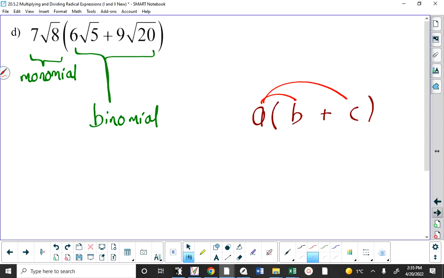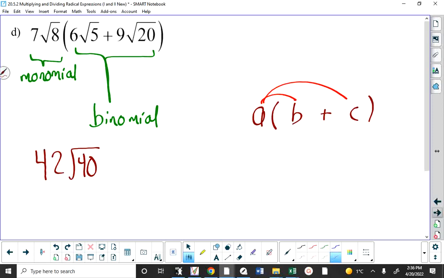So we are going to multiply 7 root 8 times 6 root 5 to get 42 root 40. And I want everybody to just take a breath and think about where I got 42 root 40 from. The 42 is the 7 multiplied by the 6.